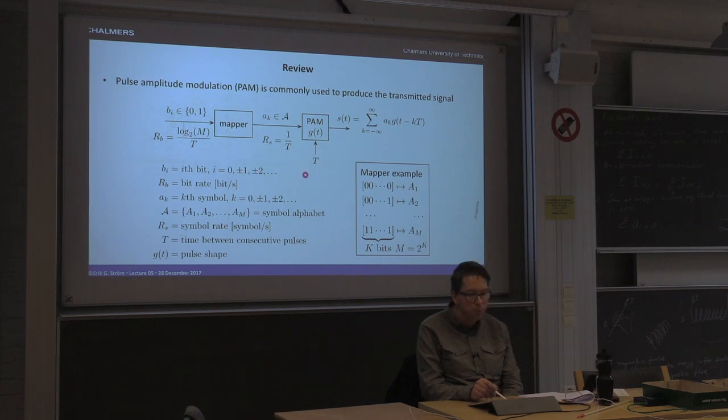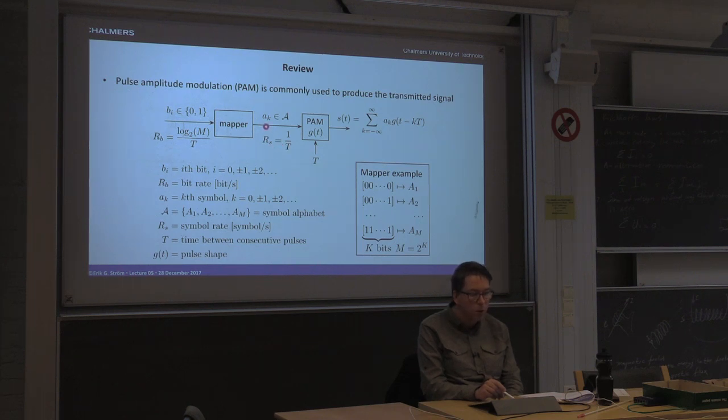In the book it's not explicit, but it's understood that we transmit one pulse every T seconds. So we transmit one amplitude, or one symbol, every T seconds. The symbol rate, capital R subscript S for symbol, is 1 over T.